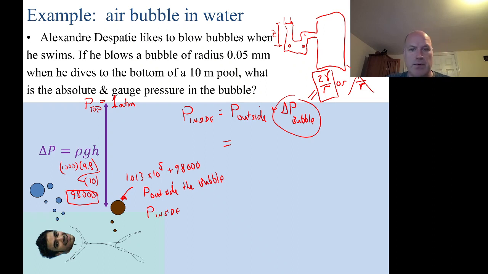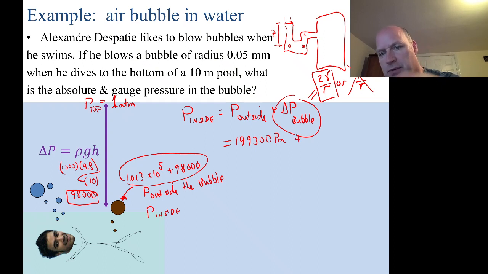So we continue and we figure out the pressure outside the bubble we figured out was 199,300 Pascal. That's what this is. Plus the pressure of the bubble.